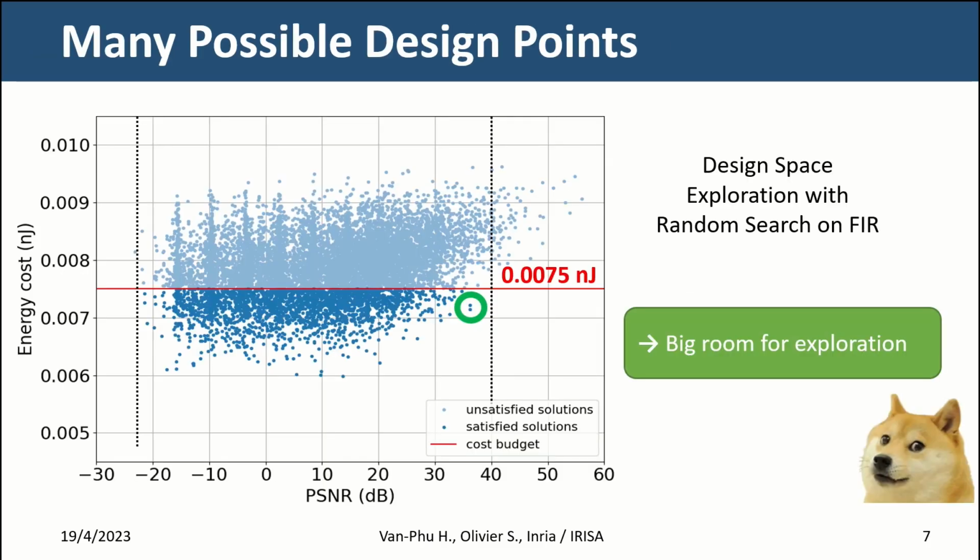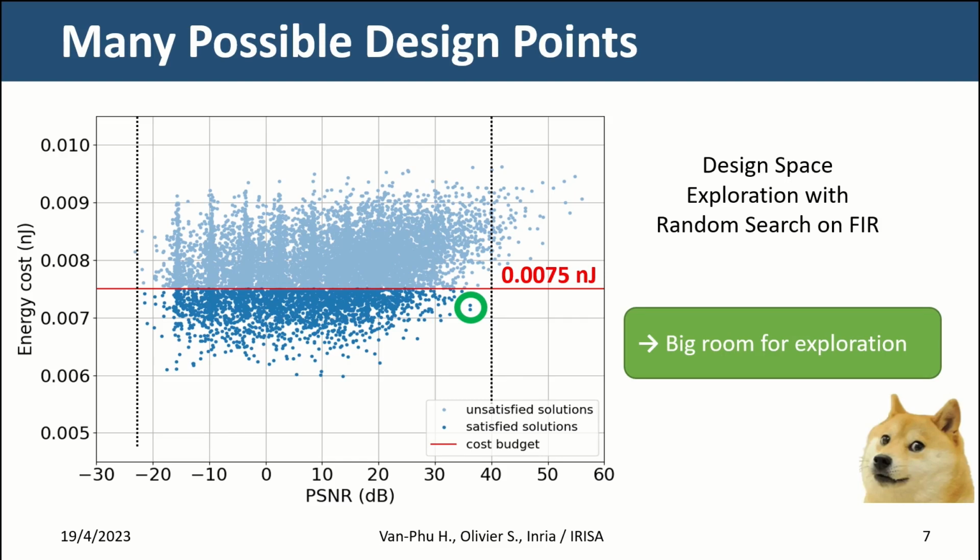To illustrate the potential of resource-constrained word length optimization, we look at a specific example, a FIR filter with 17 variables to be explored. Using a random search, we explore a subset of the solution space, evaluating each solution's output accuracy as PSNR and energy cost in nanojoule for a random word length configuration. The red line here on the graph represents a maximum energy cost budget at 0.0075 nanojoule.